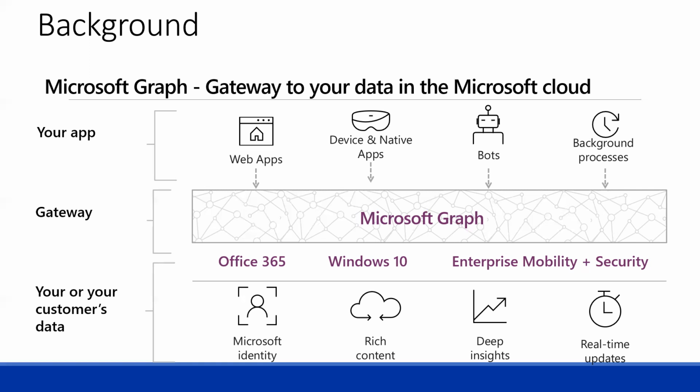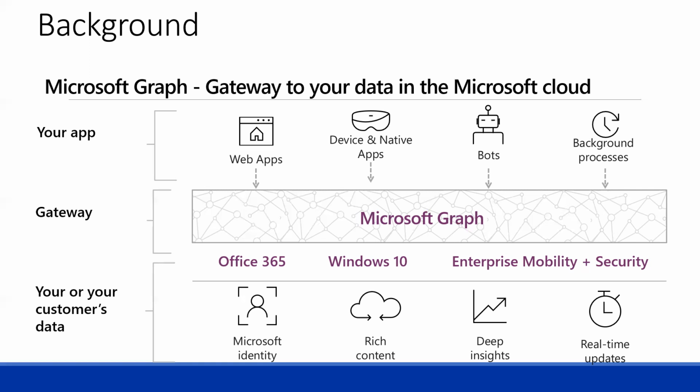There are different throttling limits. Also, there is a global limit of 2000 requests per second per app across all tenants. So you cannot make more than 2000 requests per second.